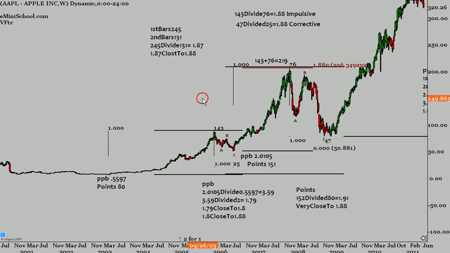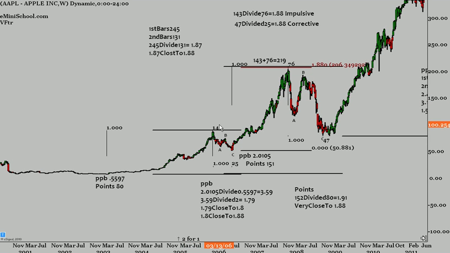Breaking it down even further, the points per bar from this move up here is basically 56 cents, 55.97. The points per bar from this low to this high is 2.0105, so basically $2 per bar.